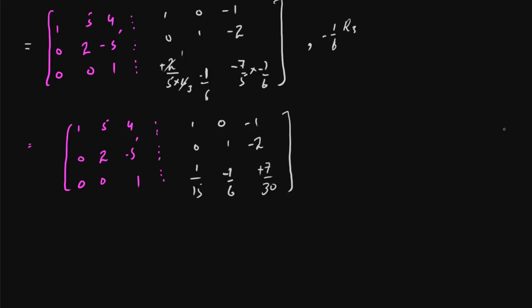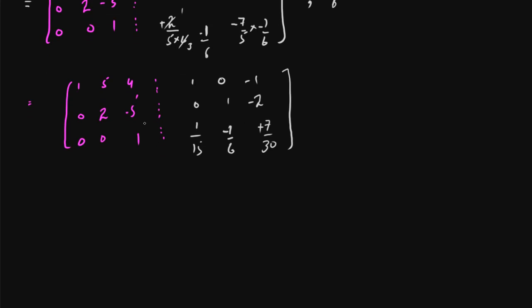Now what else we are going to do, we are just going to make that one to 0, and we have minus 5, and doing so we write the operation R2 plus 5 R3.